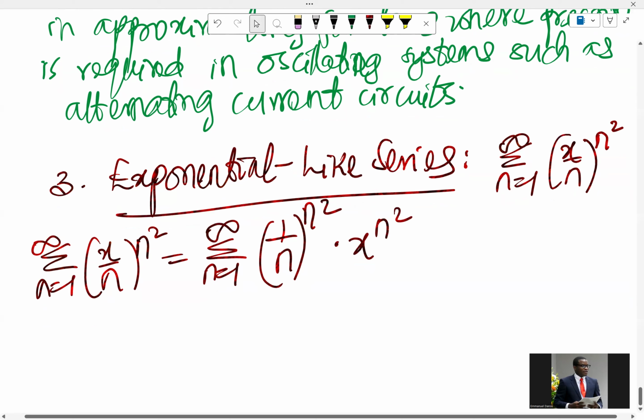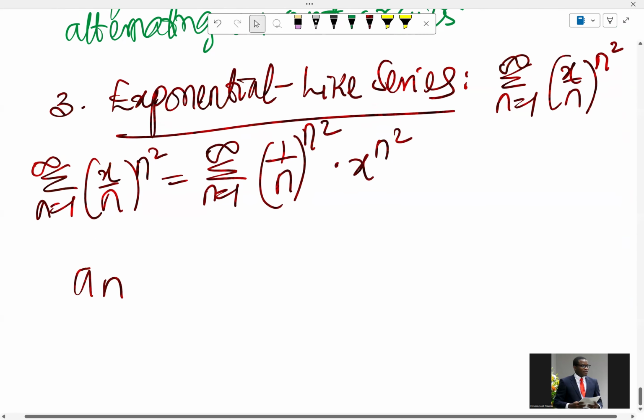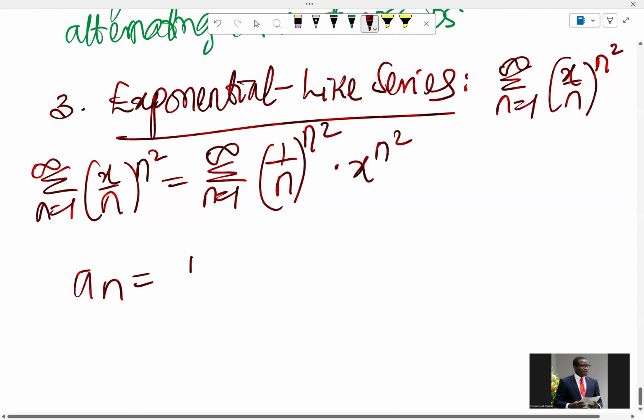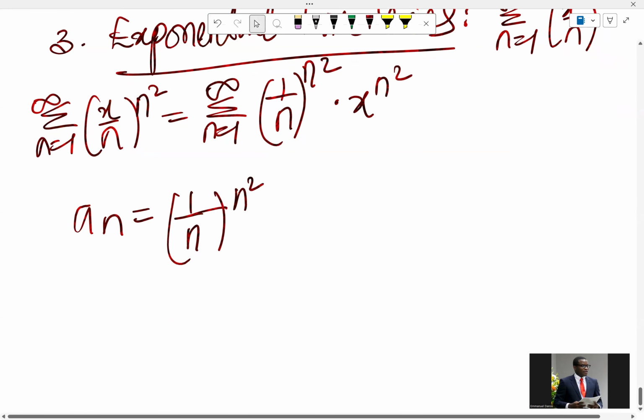So that your a_n is simply 1 over n, all raised to the power n squared. Okay, so if you apply the root test, right?